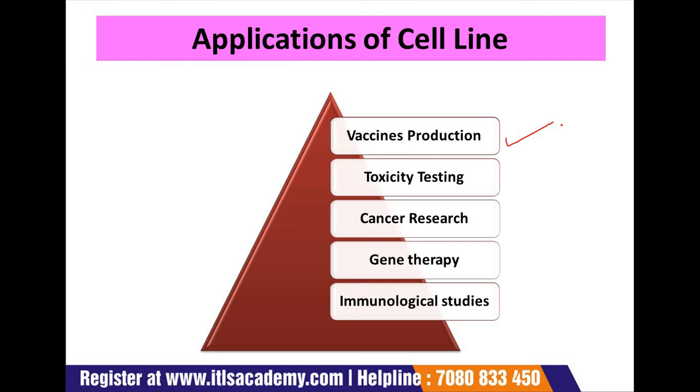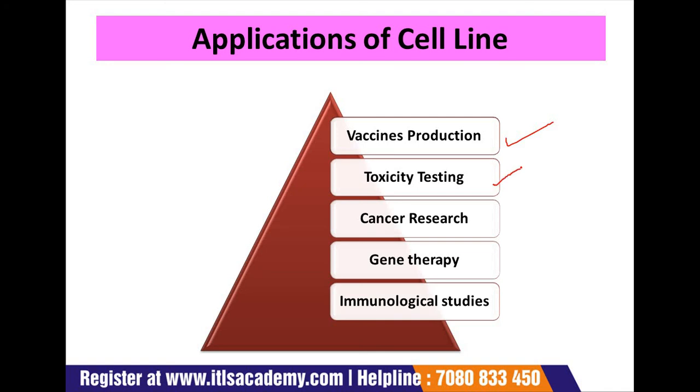The ability to grow large amounts of virus in cell culture eventually led to the creation of the polio vaccine, and cells are still used today on a large scale to produce vaccines for many other diseases like rabies, chickenpox and hepatitis B.